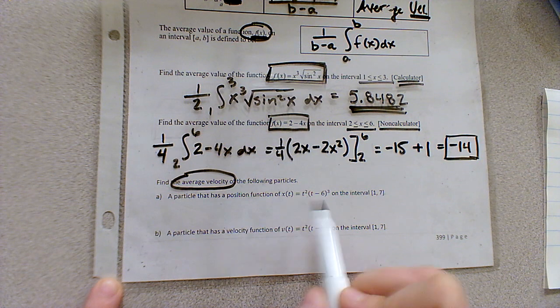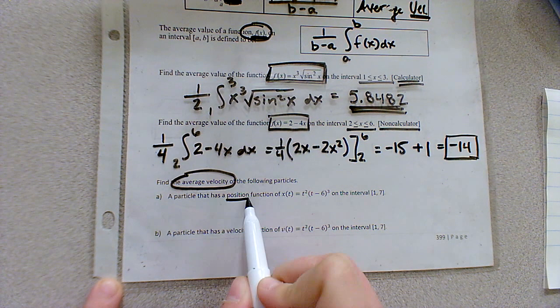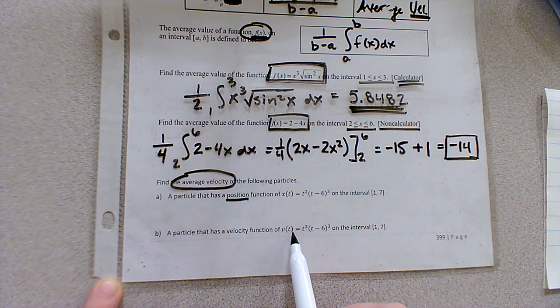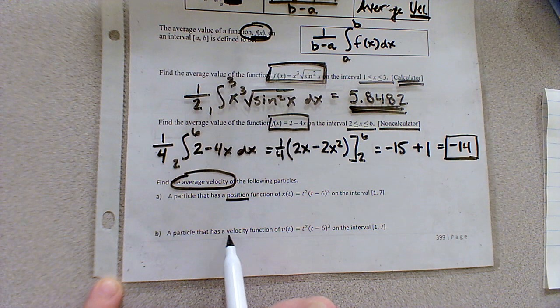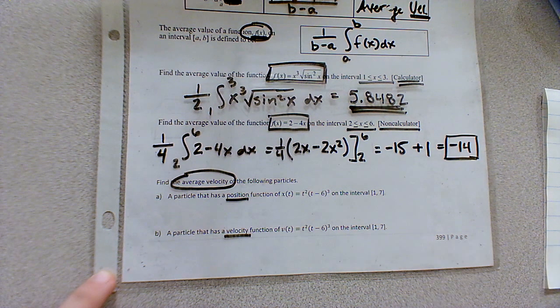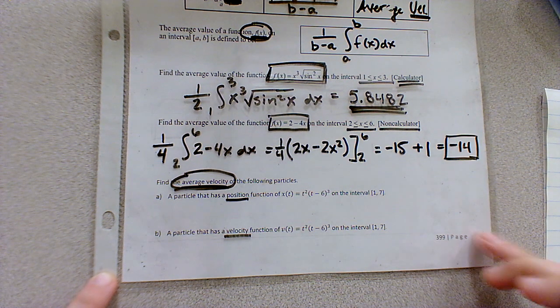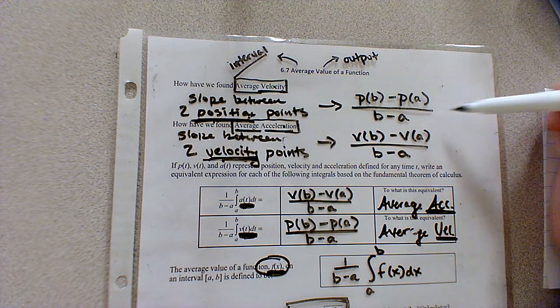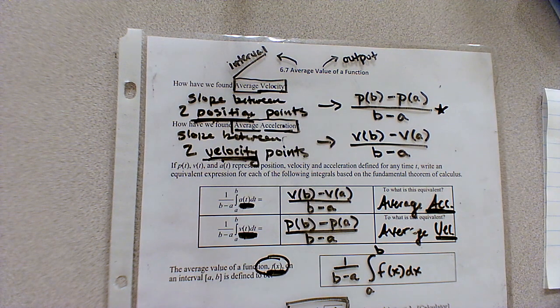So for part A, we're going to let this function represent position, whereas in part B, even though it's the same function, it represents velocity. So depending on the information we have, we have to think about how we're going to use that to calculate our average velocity. If we have position, we could use our average velocity definition as slope between 2 points on position.